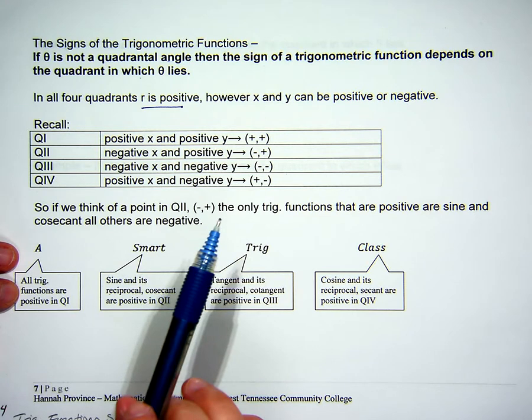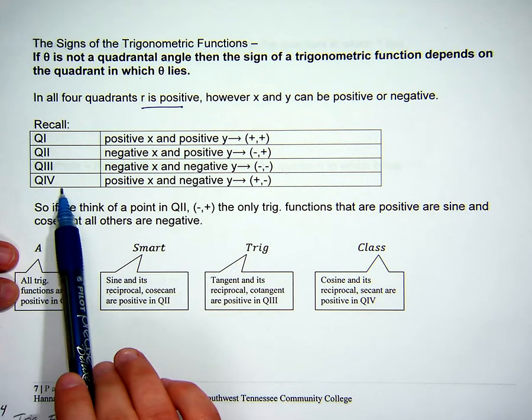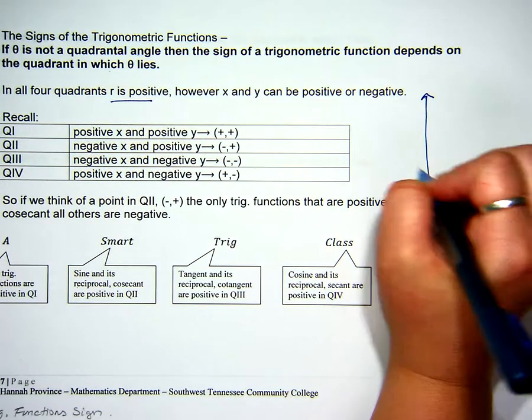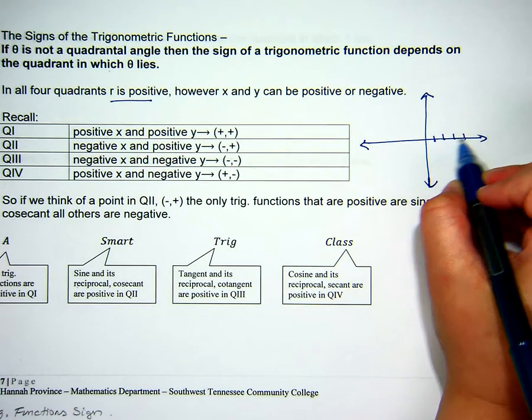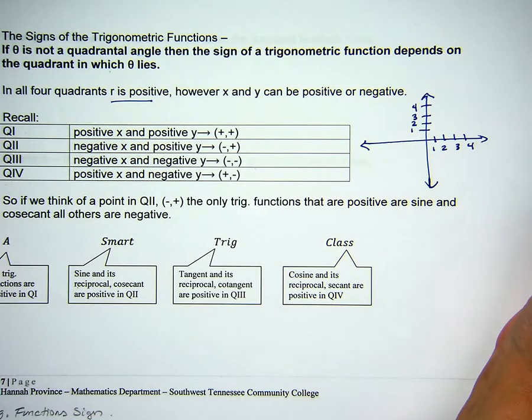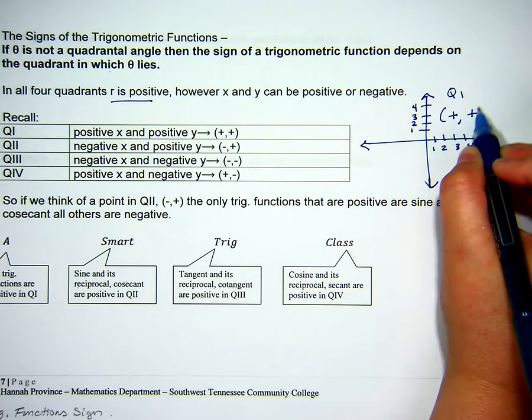quadrants. Our quadrants 1, 2, 3, and 4. Now, if we go back and think about the Cartesian coordinate system, these are positive x's. These are positive y's, which means that the ordered pair in quadrant 1 is positive x and positive y.